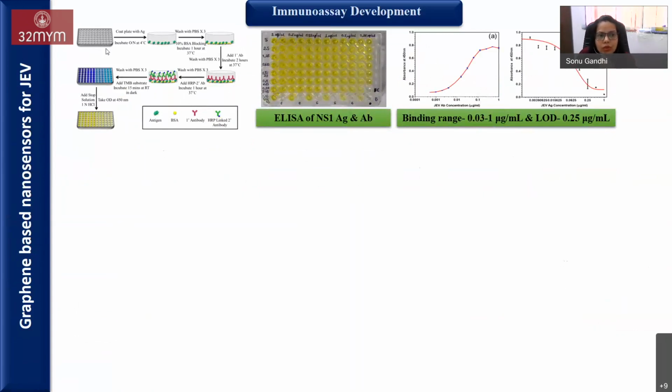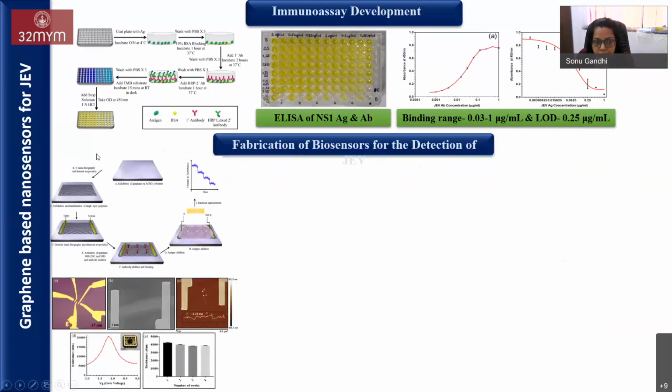So what we have done here, we developed the ELISA based assay and found out the binding range and limit of detection in this case, and we have used NS1 antigen in this study, and the limit of detection by ELISA was around 0.25 micrograms per ml.